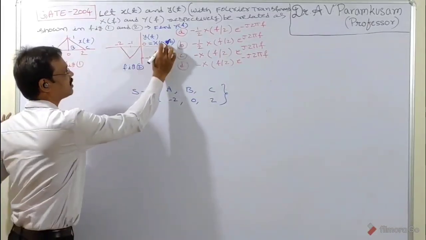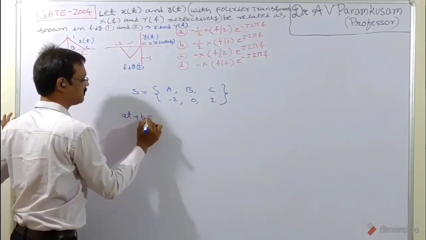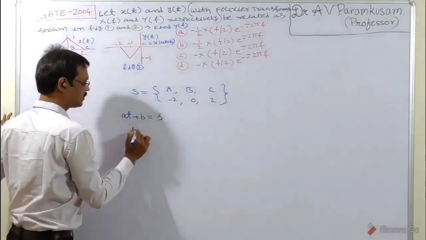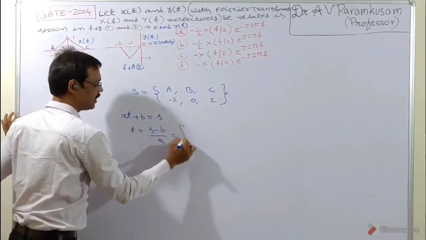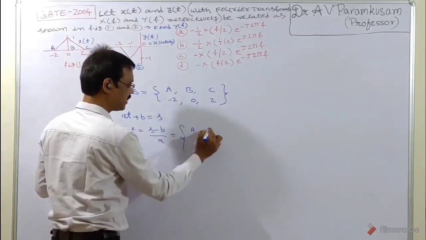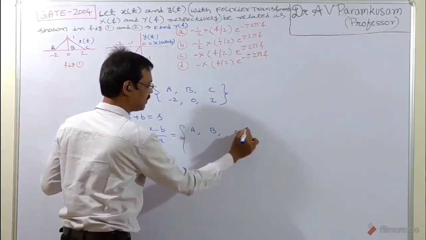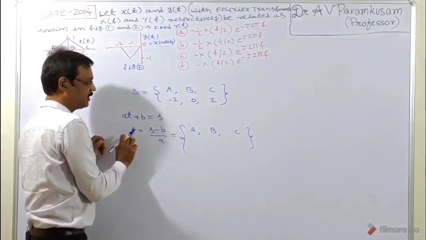What is the argument here? Assume that at plus b is equal to s. Then t is equal to (s minus b) by a. Let us find the points for t. You write a, b, c. How do you get the points for a, b, c in t?